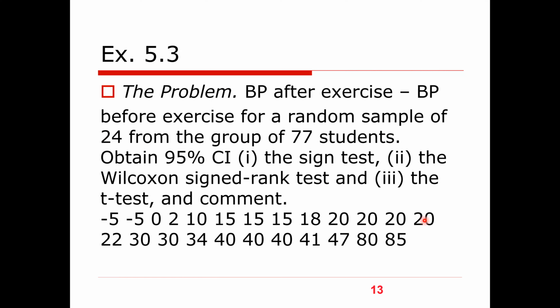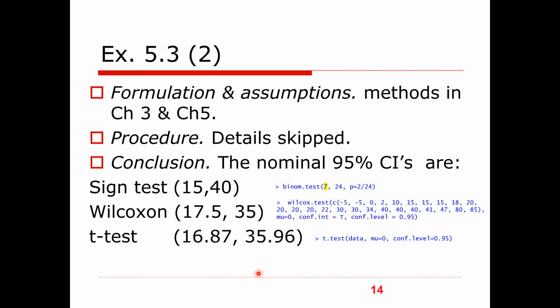And we apply multiple methods again. So we use the sign test, then Wilcoxon test, and then the t-test. And let's see their difference. Again, why do we need to use multiple methods?